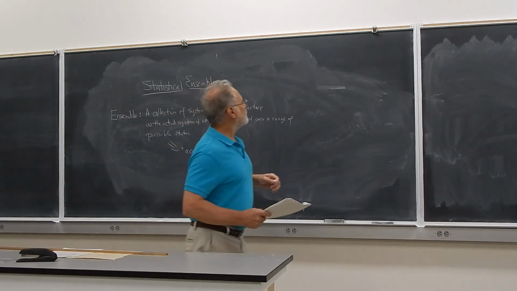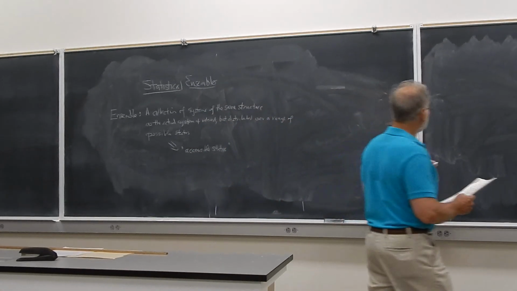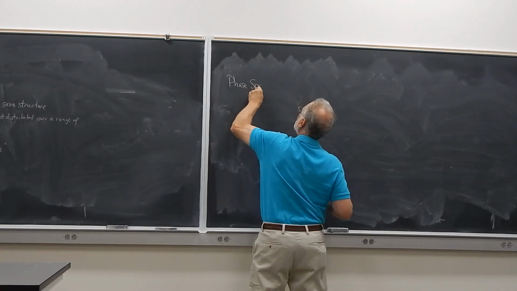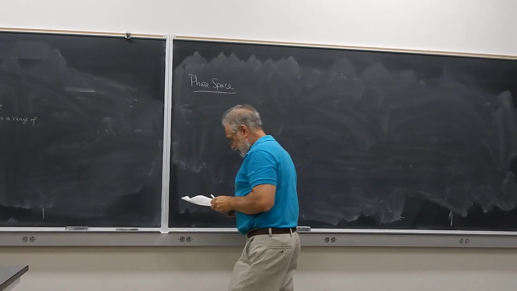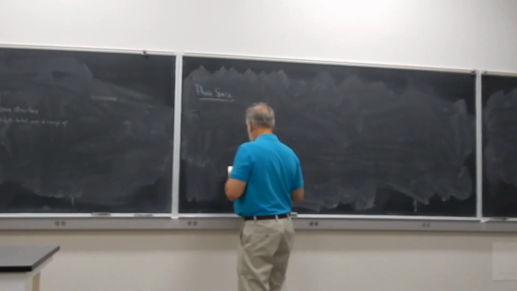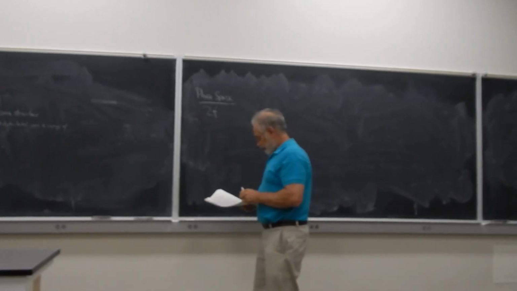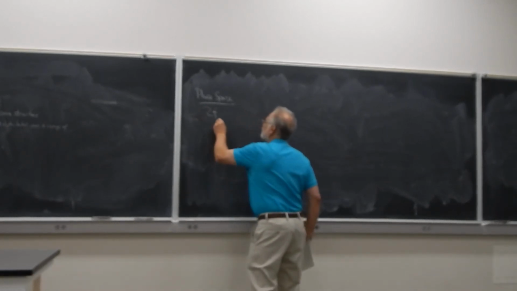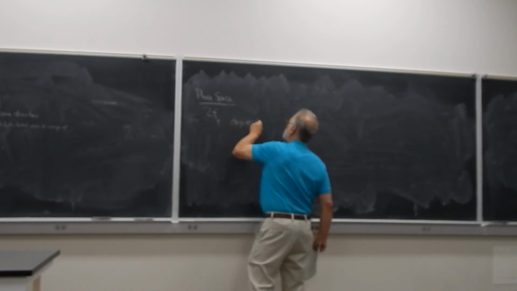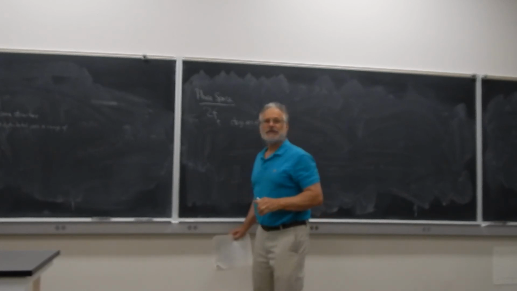First thing I want to do today is to define the concept of phase space. Phase space is a conceptual Euclidean space consisting of 2F dimensions. F refers to the number of degrees of freedom available to the system.